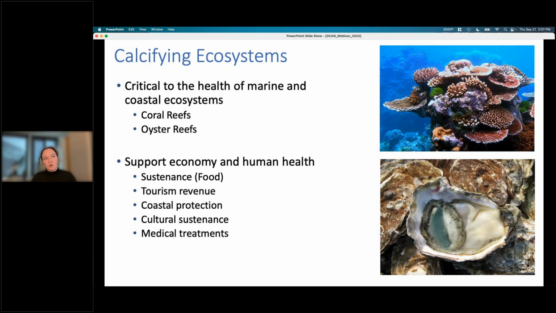They often play important roles in cultural values and can be a source of investigation for new materials that are used, for instance, in the formation or development of medical treatments. So as you can see, they provide a significant number of services to our communities as a whole, and thus understanding the potential threats or factors that may influence their overall health is a really important field of study.